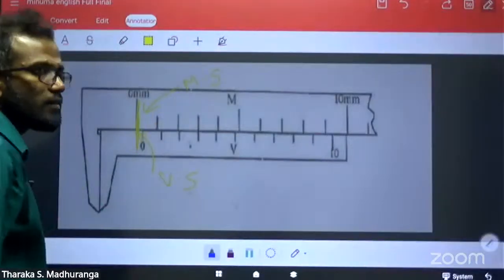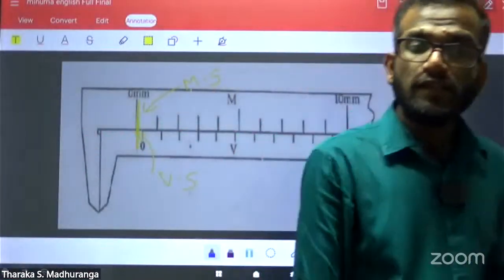That we call this instrument has 0 error.